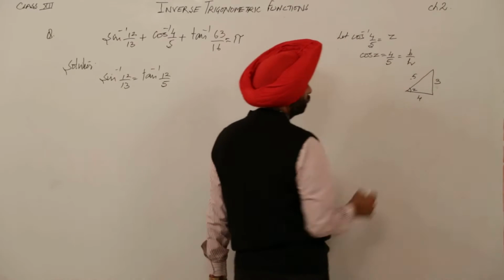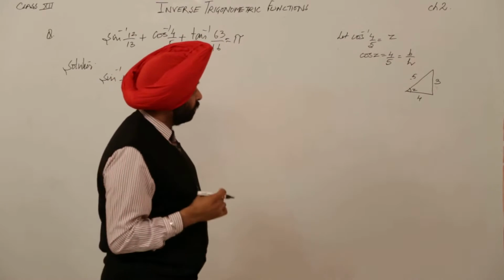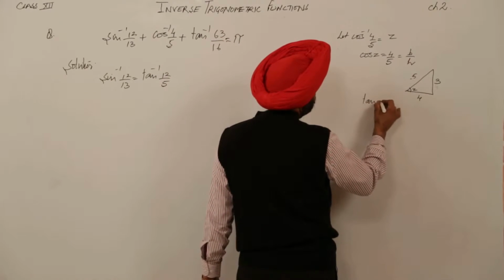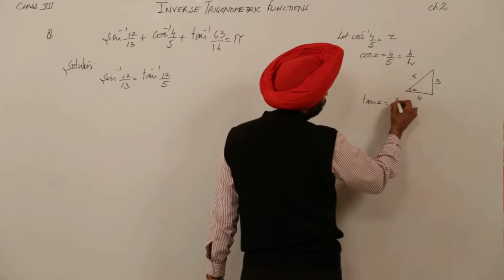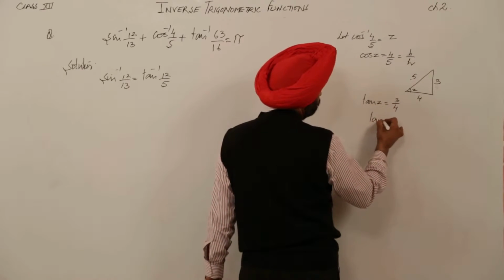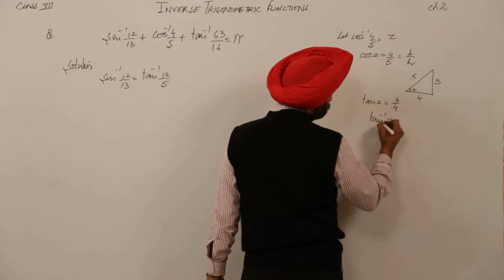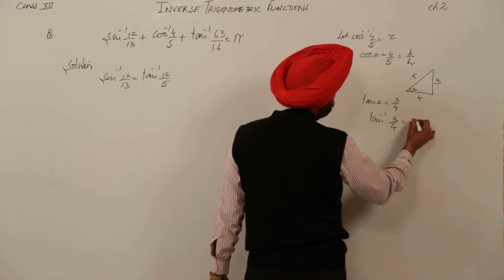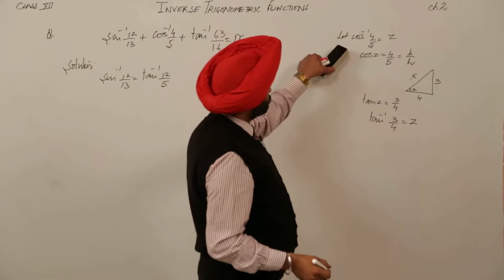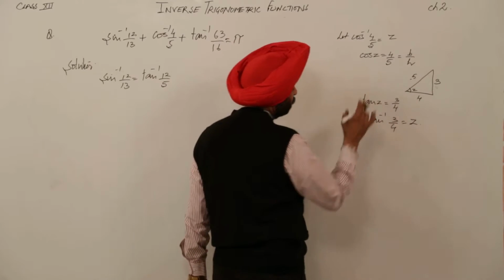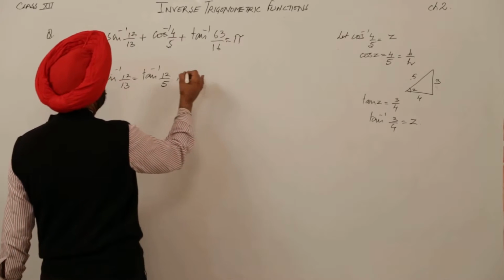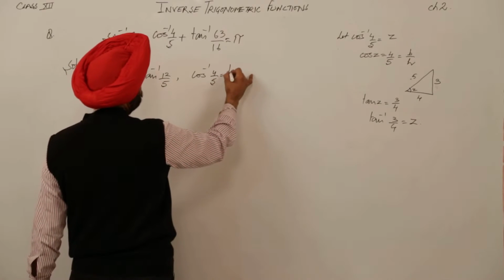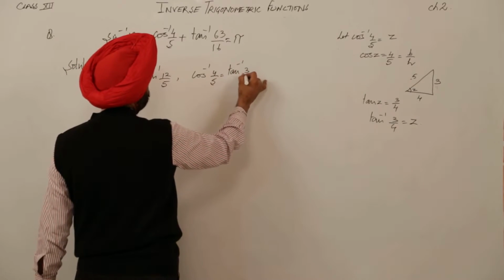According to the Pythagoras theorem, the perpendicular will be 3. So cos z is 4 by 5, tan z is 3 by 4, and tan inverse 3 by 4 is equal to z. So z is cos inverse 4 by 5 and z is also tan inverse 3 by 4. So cos inverse 4 by 5 is equal to tan inverse 3 by 4.